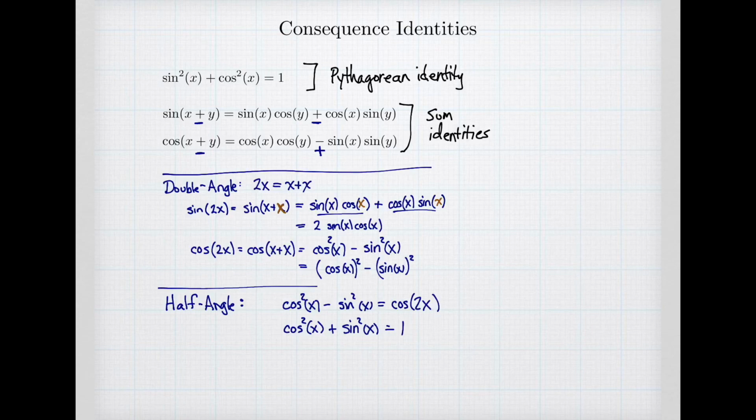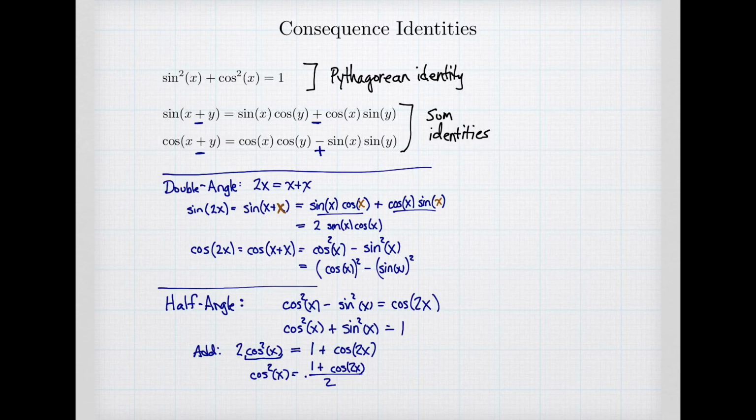So I have two equations, and if I add the equations together, I end up with 2 cosine squared of x. The sines cancel, and on the other side I get 1 plus the cosine of 2x. And the reason it's called a half angle identity is if I solve for the cosine of x, I get that the cosine squared is equal to 1 plus the cosine of 2x all over 2.